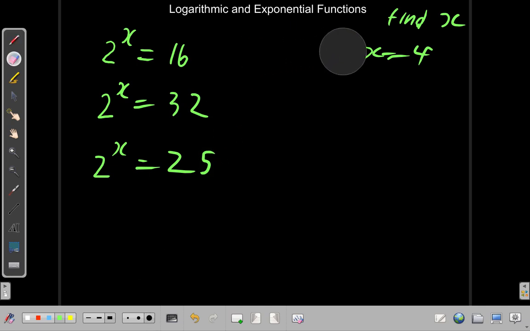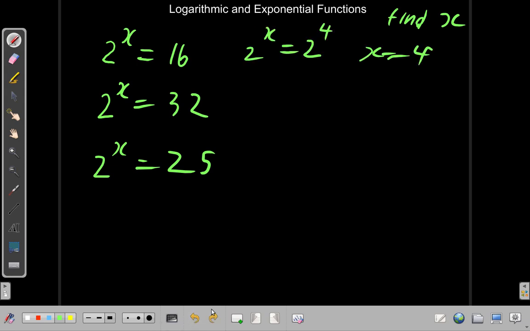Now, we could very well use logs to do it. Let's say you log both sides. We're going to use natural logs because in more advanced mathematics, that's what the concentration is on. It's on natural logarithms. Now, say we find ln.